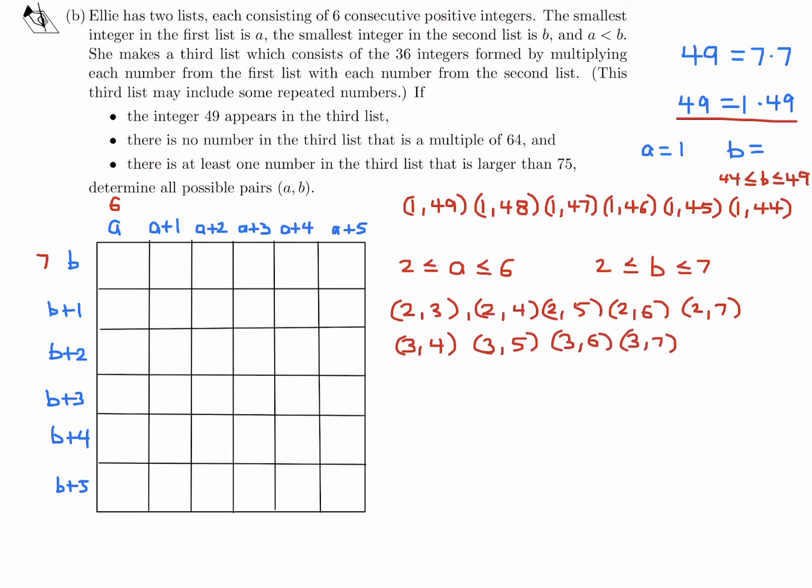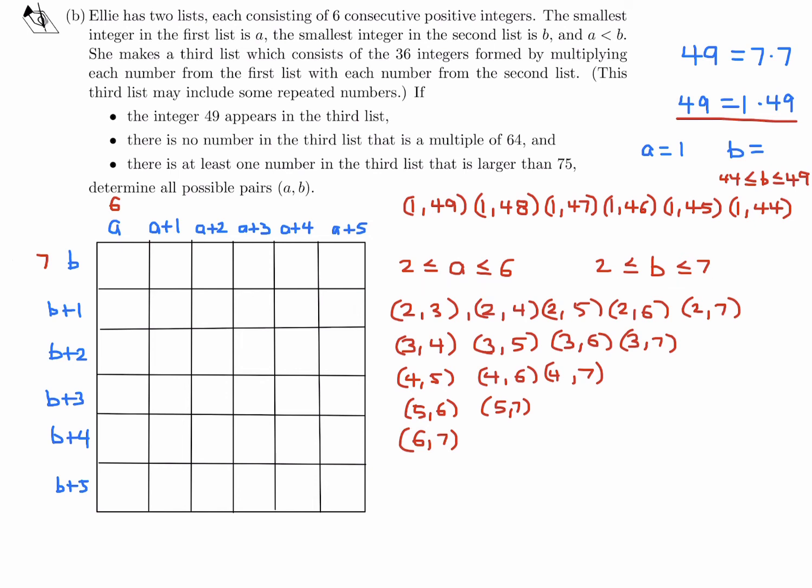And then 4 would give me 4, 5, 4, 6, 4, 7, and then 5, 6, 5, 7, and then 6 would give me just 6, 7. So I think these are the only ones with these ranges.